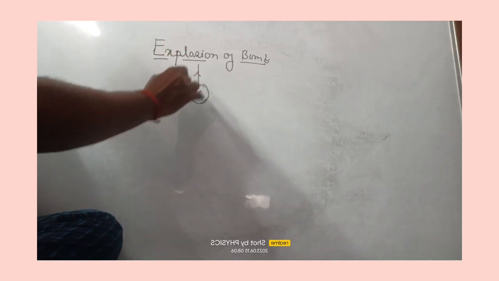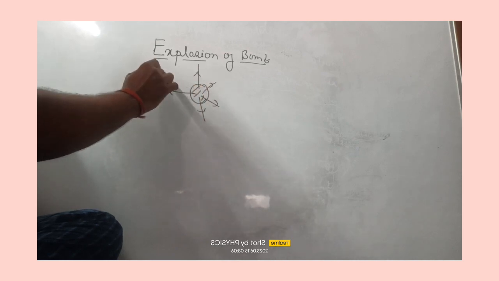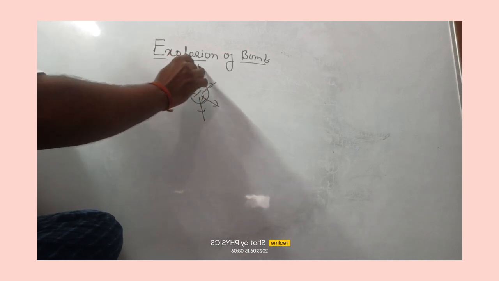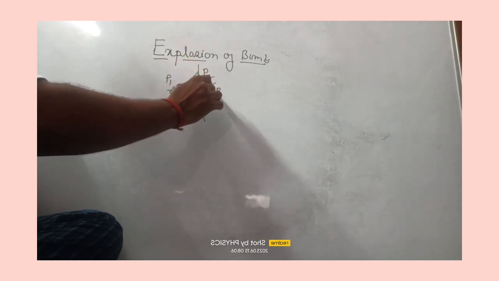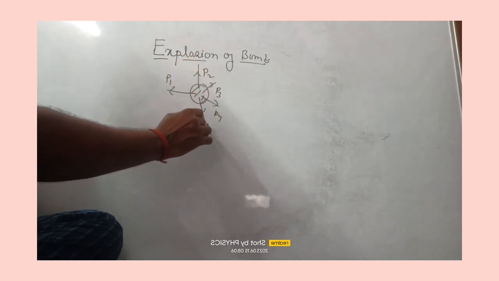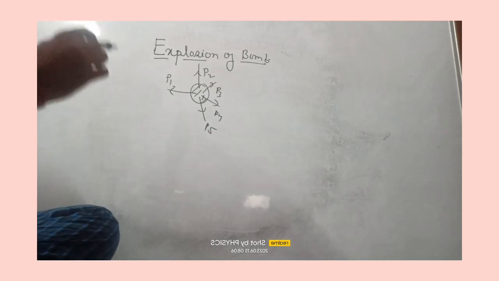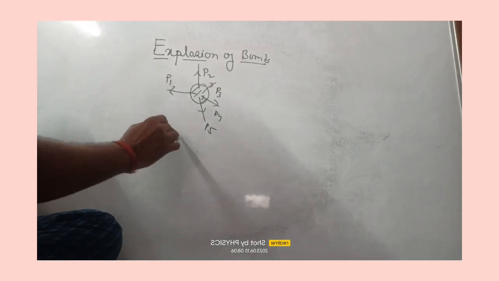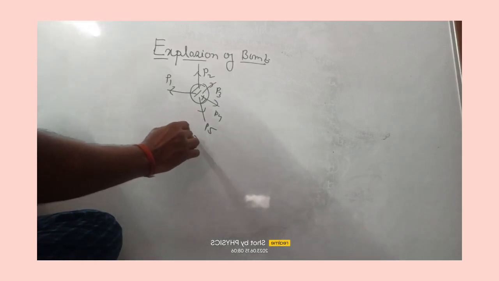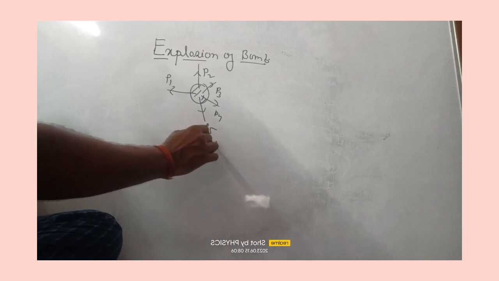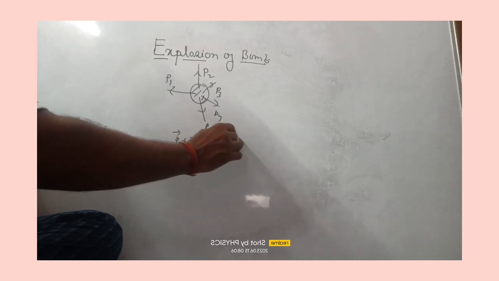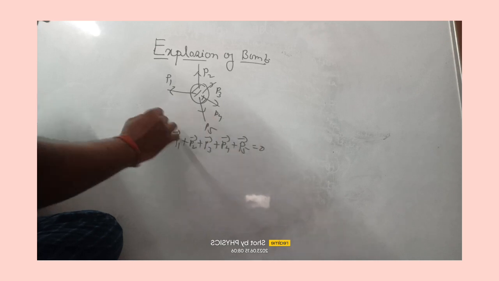Now after explosion, let us consider the formation of 5 fragments. That is, the linear momenta are P1, P2, P3, P4 and P5. Here the total linear momentum, P1 plus P2 plus P3 plus P4 plus P5, should be equal to 0.